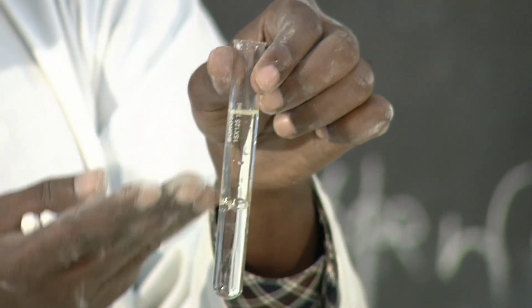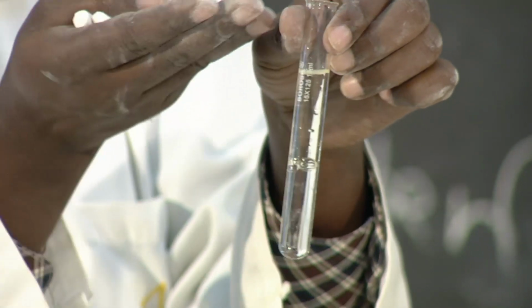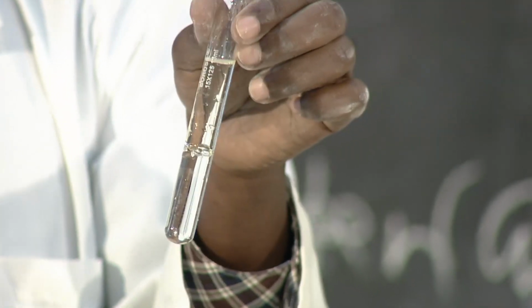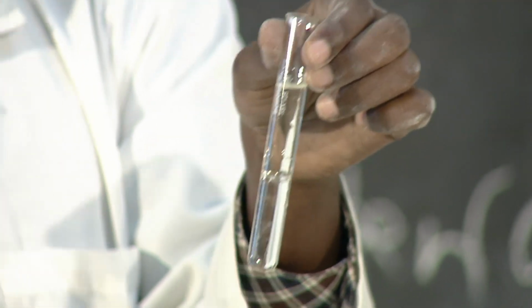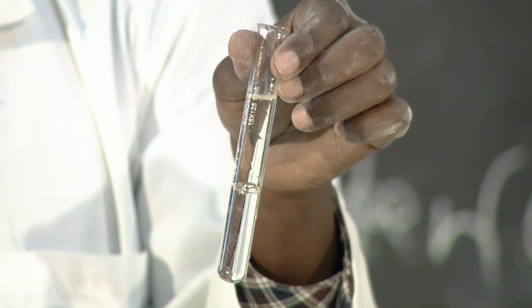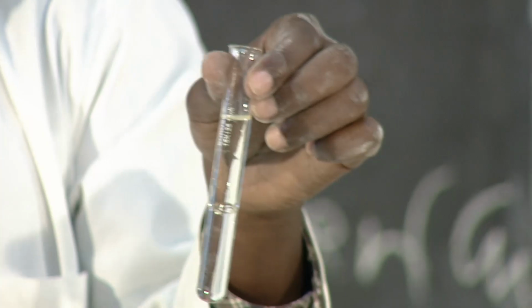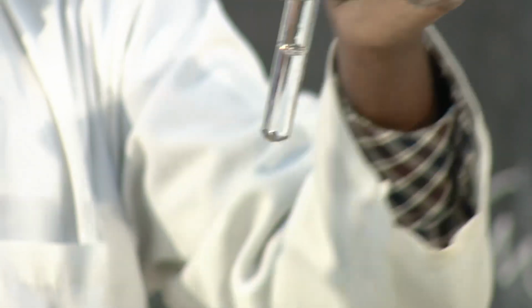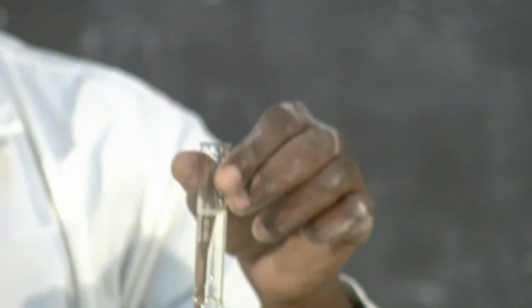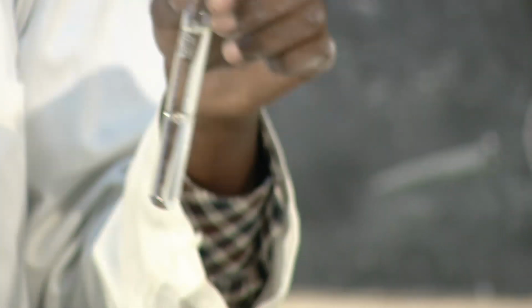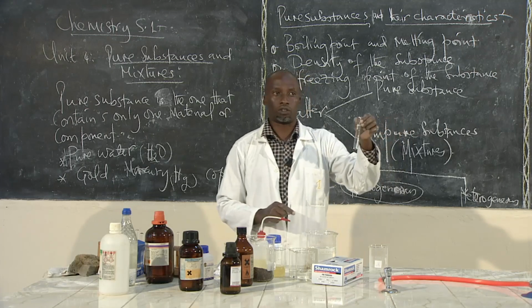Why do you think the water goes down? Can you suggest why the water goes down? Good. So the water is heavier, it is dense. That is why it goes down.